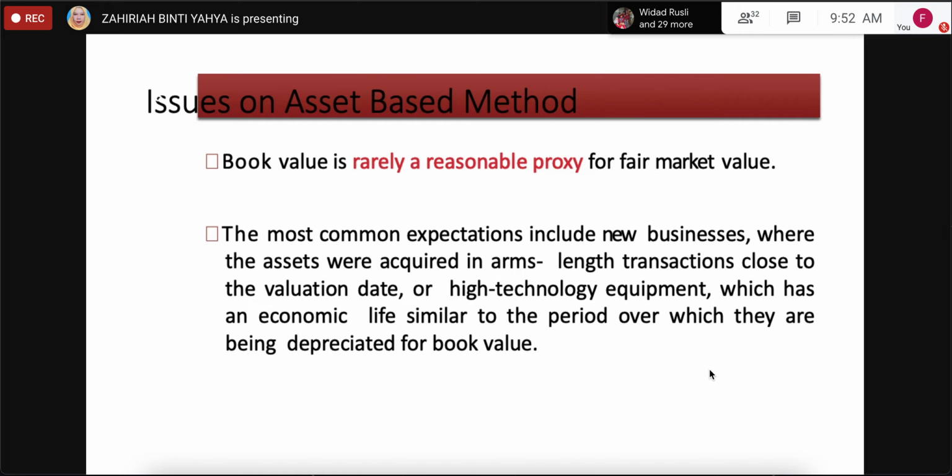Yelah, value asset based on balance sheet, betul lah. So biasanya macam mana dia dapatkan book value letak dalam balance sheet tu? Difference between total asset and total liabilities? Betul ke?